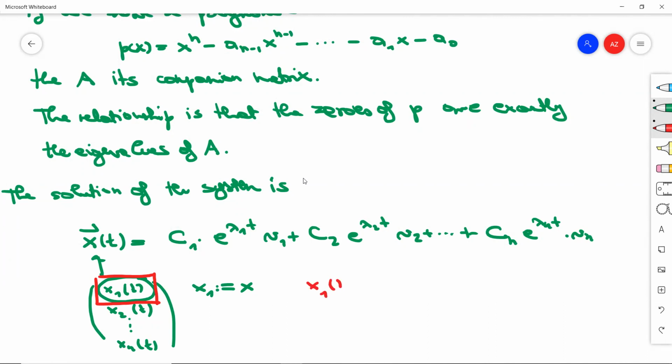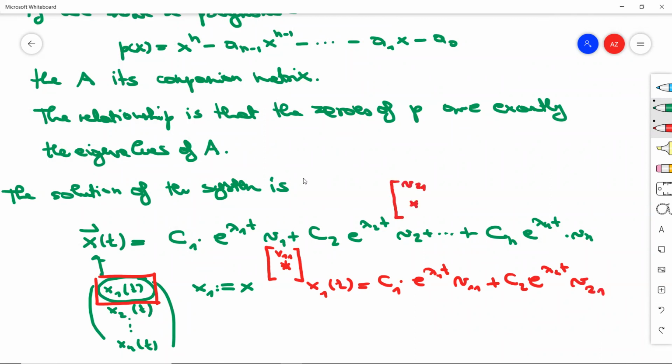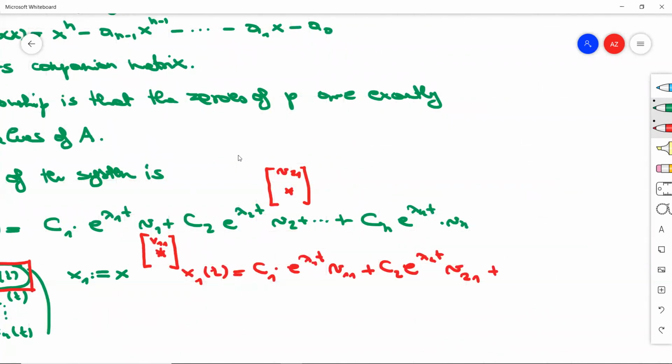And this x1 of t is equal to C1 times e to lambda 1 t times v11, where v1 is a vector with the first component v11 and some other components on other places, plus C2 times e to lambda 2 t, and then of v2 only the first coordinate is of interest to us, and so on, plus Cn e to lambda n t vn1.